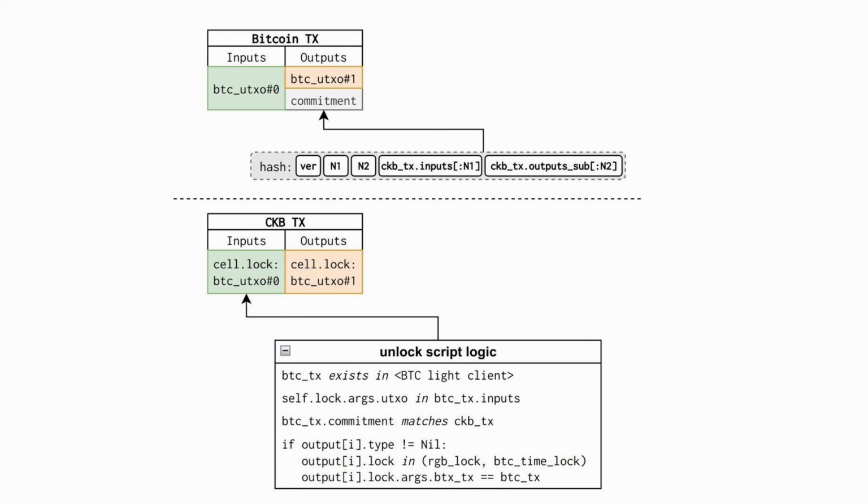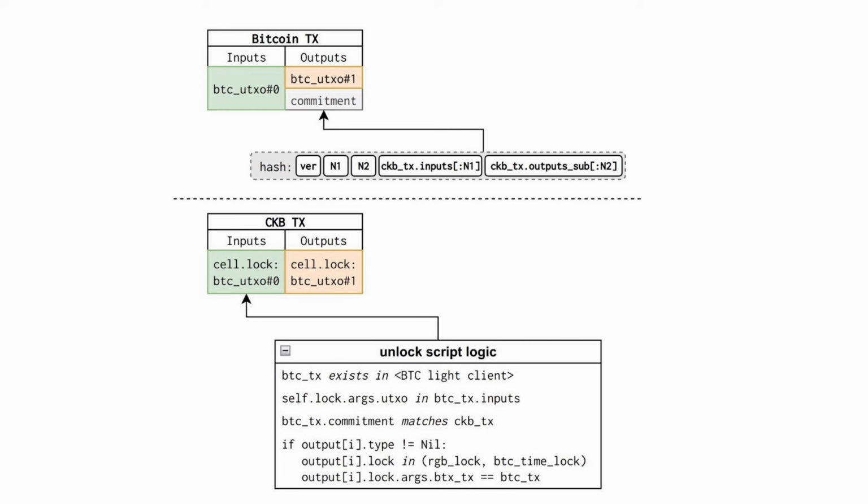There's also a Bitcoin light client on the CKB chain, acting as the proof verifier. The transaction is triggered with this proof, and the smart contract verifies whether the transaction is correctly encoded in the Bitcoin commitment.